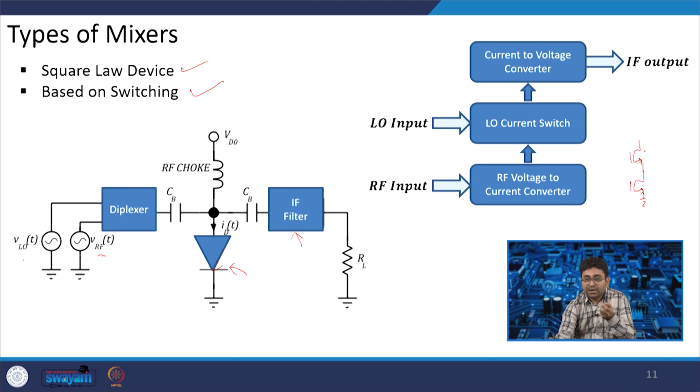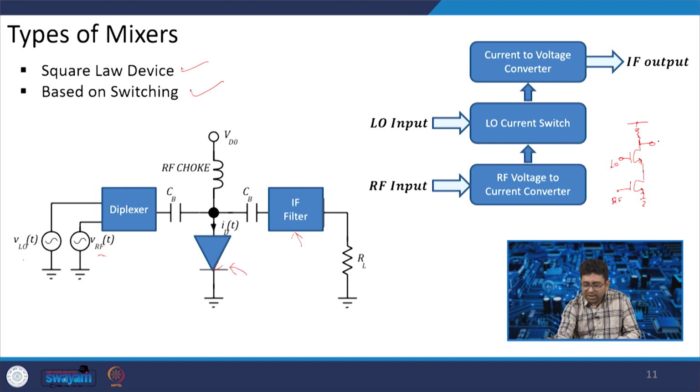So, here you are switching the RF current. This is the RF input, this is the LO input, and then again we need to convert the current to voltage. What is the basic component that will convert current to voltage? It is a resistor, so we use a resistor.